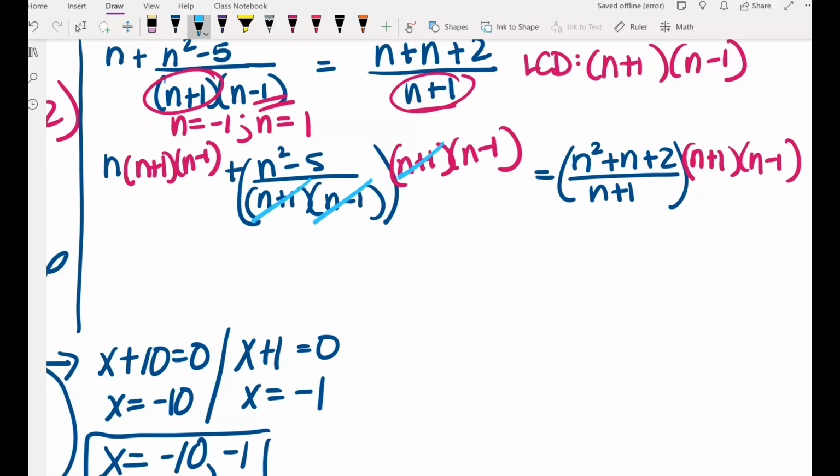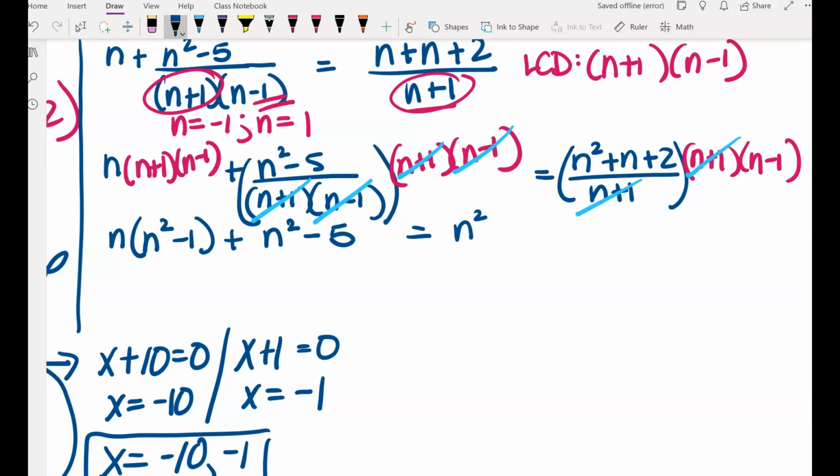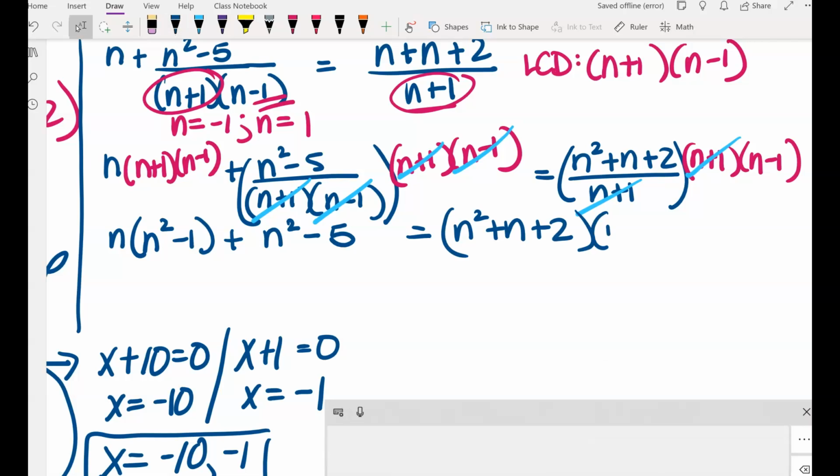Both of these are gone. One of this is gone, right? So this is going to be n times, remember, n plus 1 times n minus 1, that's exactly the same thing as n squared minus 1. This is going to get dropped down because the denominators are gone. So this is going to be n squared minus 5 equals, I have n squared plus n plus 2, and I'm left with one factor of n minus 1 here.